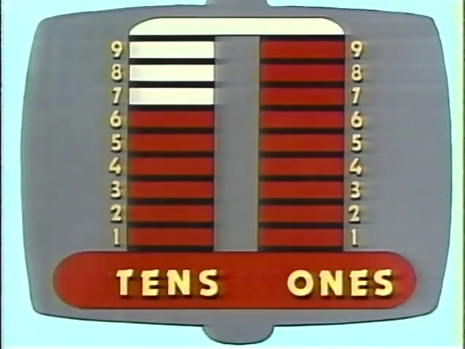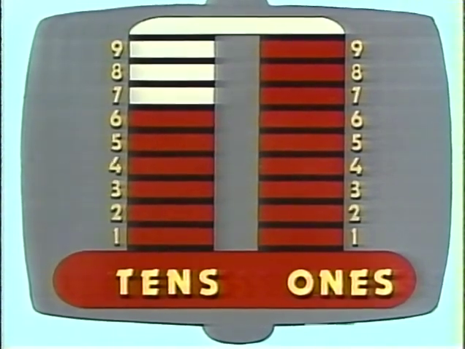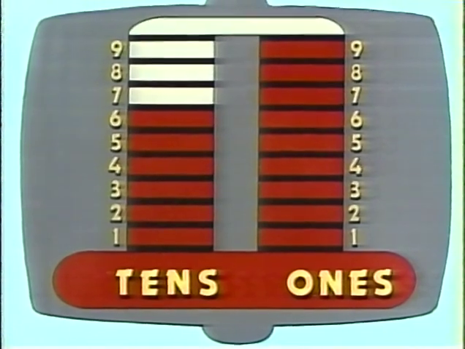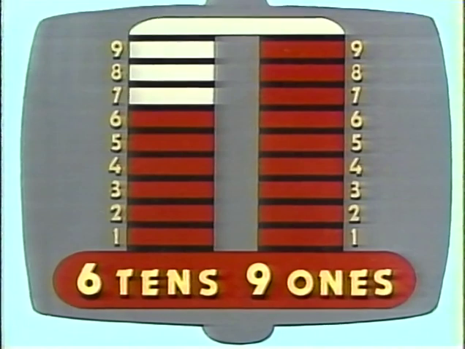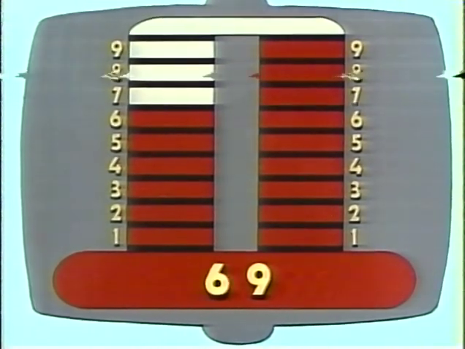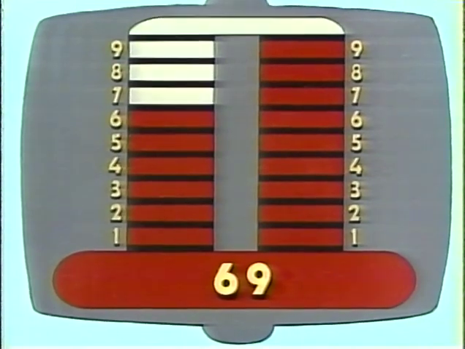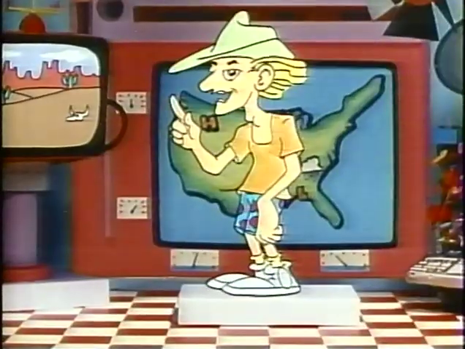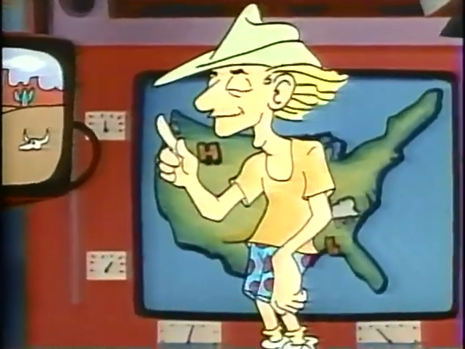What number is this? 69. 6 tens and 9 ones. The numeral 6 stands for the number of tens, and the numeral 9 stands for the number of ones. Only 69? Oh, drat! That's Miami, New Mexico.